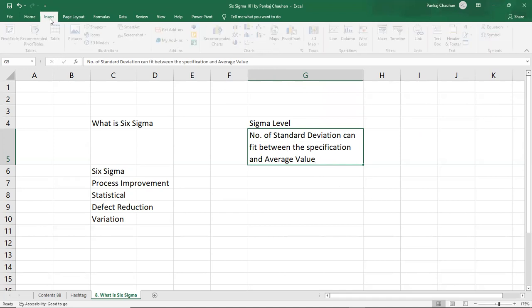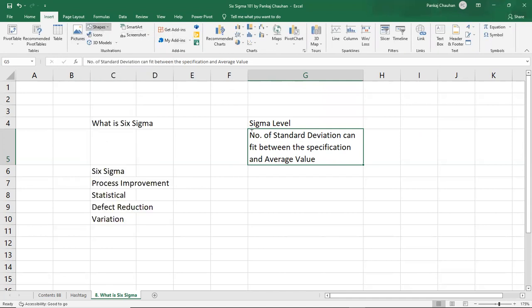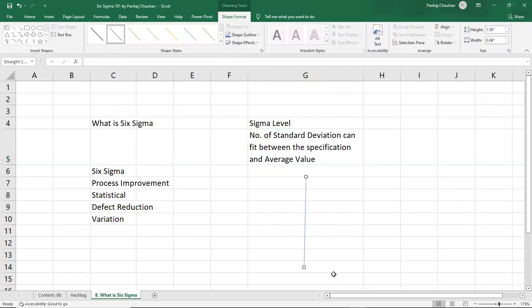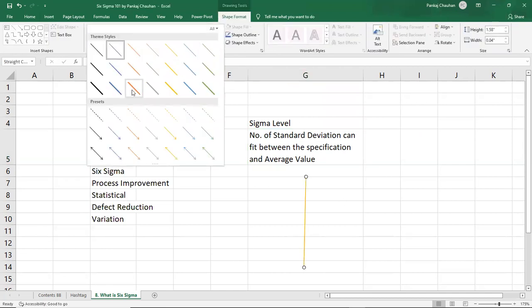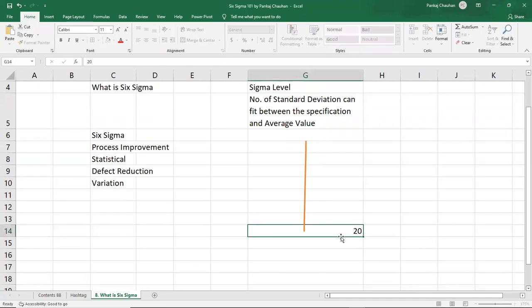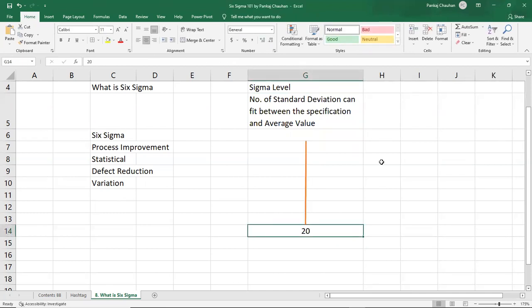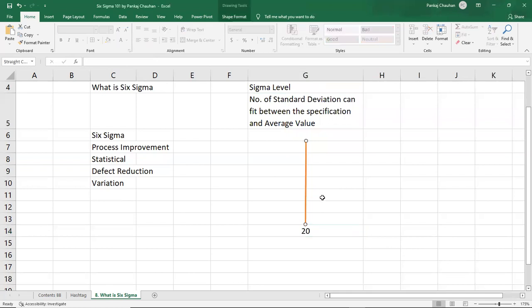So suppose your specification is some value X. Maybe the specification says my productivity should be at least 20 transactions per hour. This is your specification. And on average, the number of transactions you are doing is, let's say, 24.